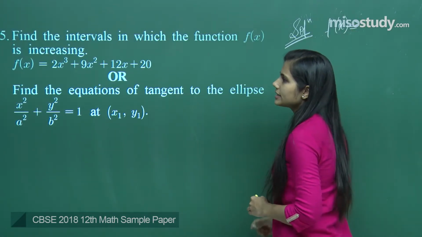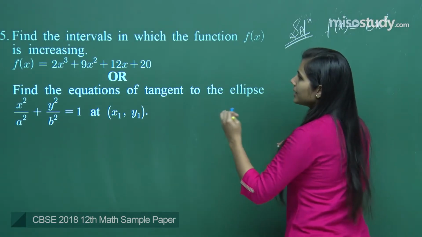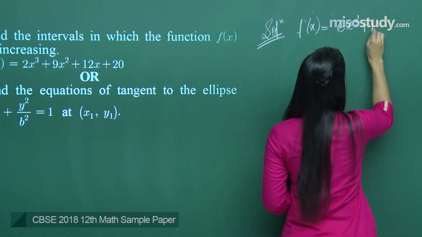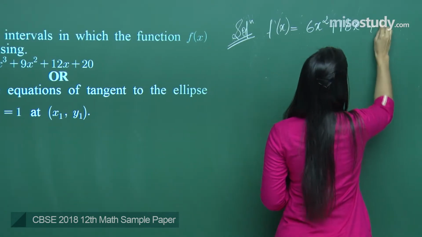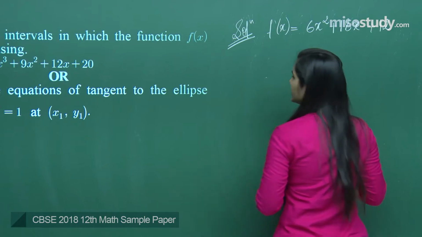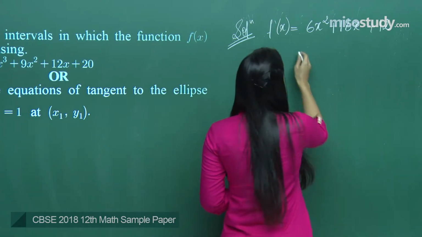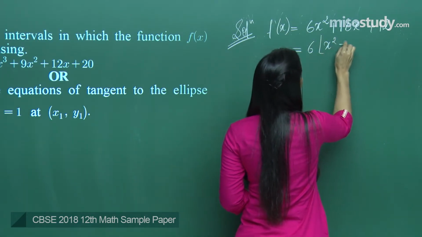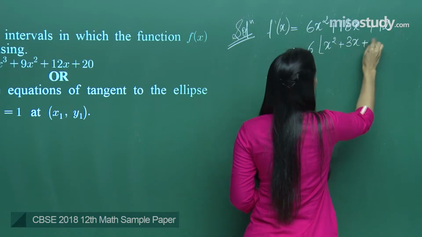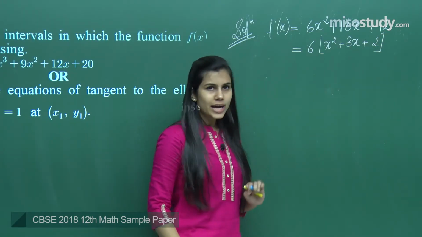It will be what? 6x square plus 18x plus 12. Isn't it? That is what is the differentiation. From here you can take out a 6 common. You have x square plus 3x plus 2. So this is your f dash x.